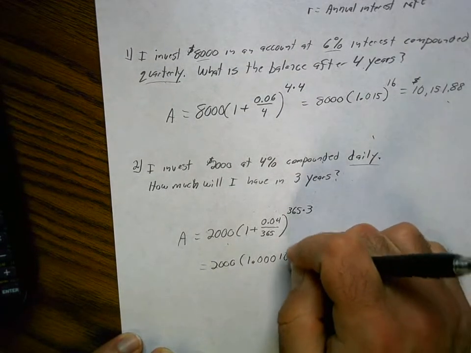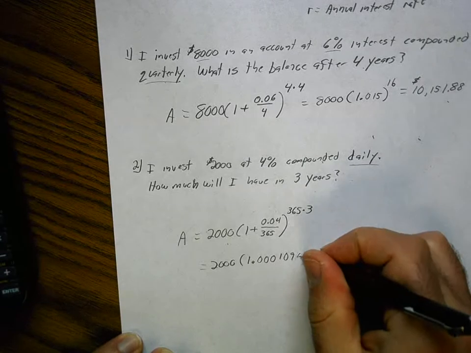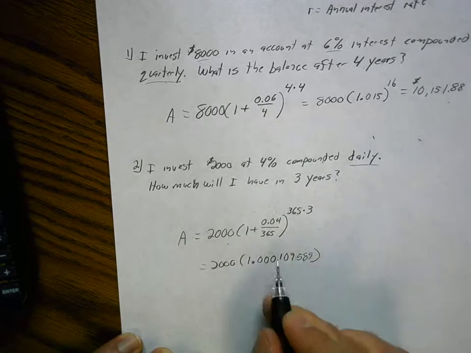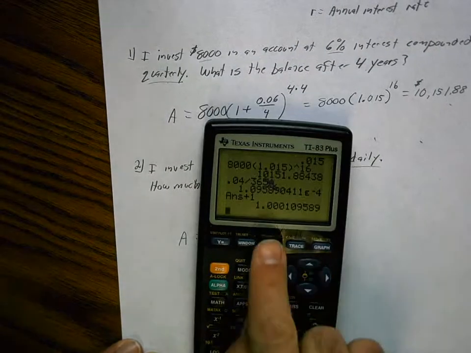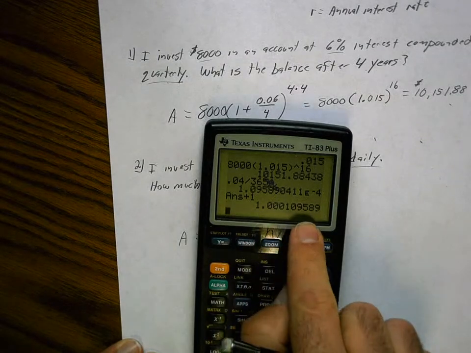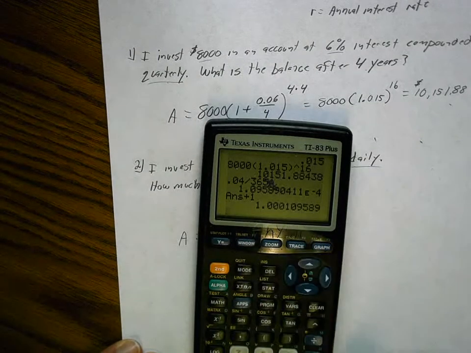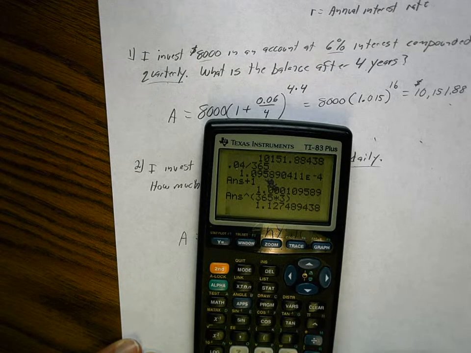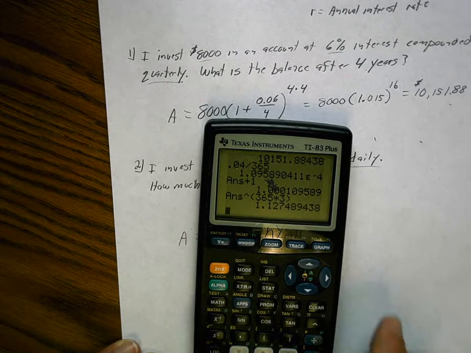So on my calculator I hit plus 1, and that's my growth rate. Now I'm going to raise that to a power, put parentheses there, and take 365 times 3 years.